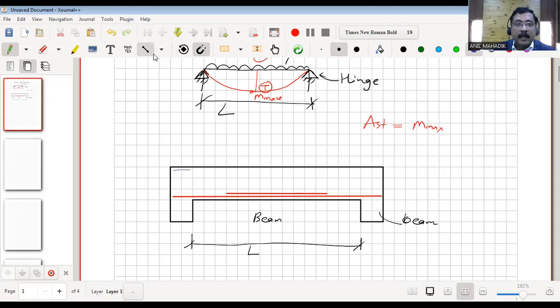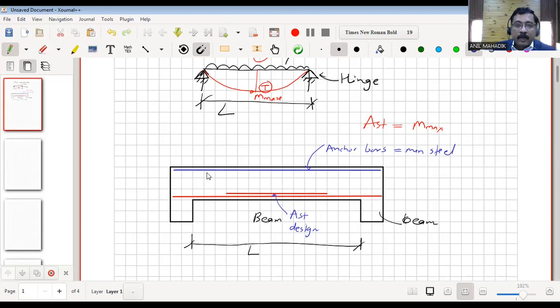We call these anchor bars, to hold the stirrups. This will be minimum steel. And this is your design steel, AST design, as per formula.